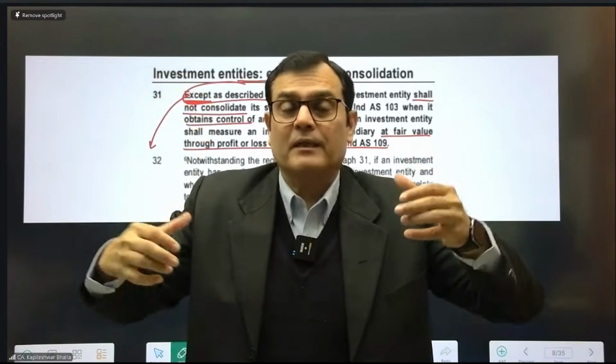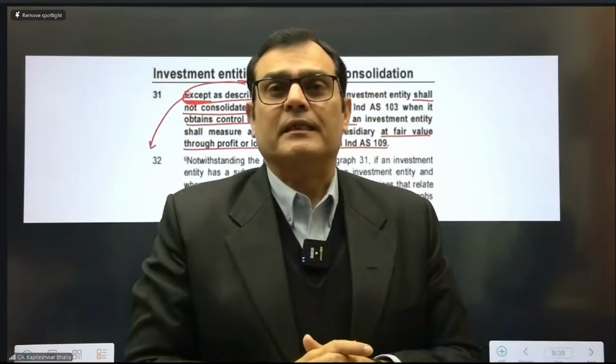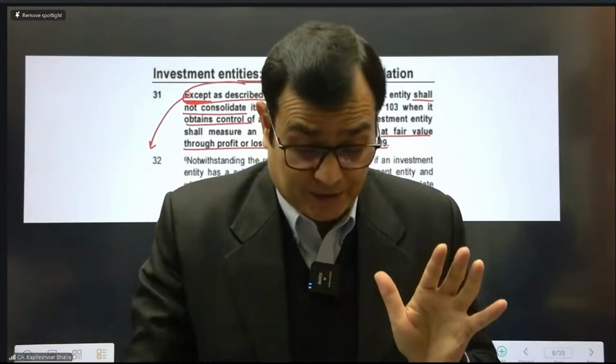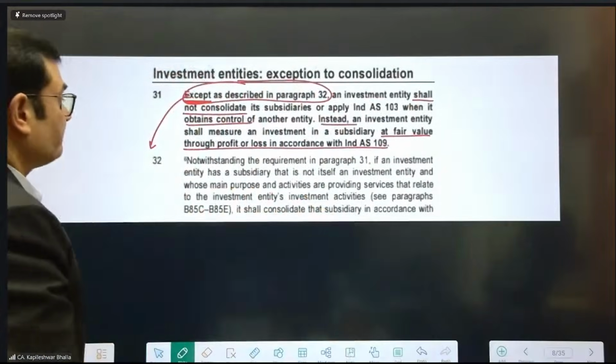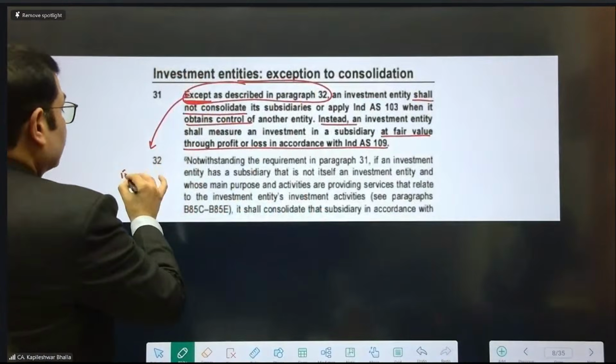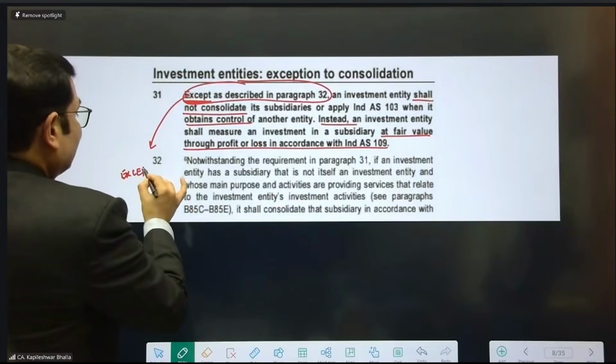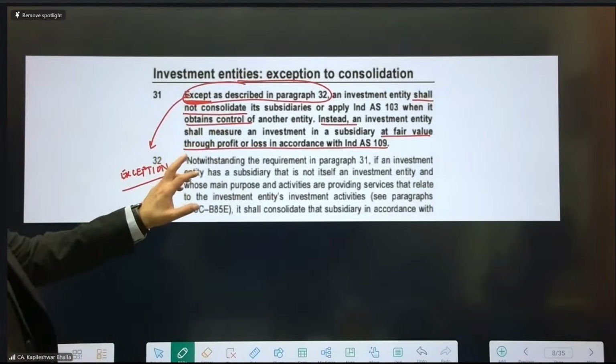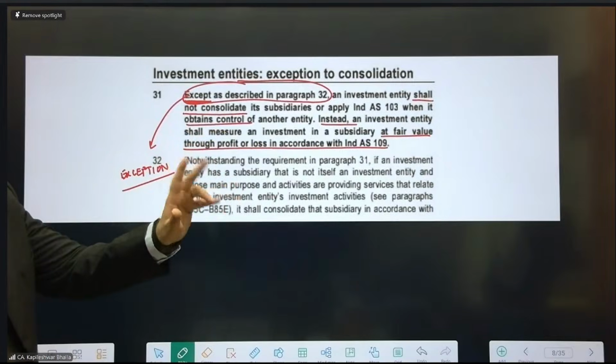But if you're a related party and you're not an investment entity, you are required to consolidate. Don't worry, we'll pen down the thoughts later. Let's go ahead. Now there is an exception given in para number 32, wherein it talks about maybe consolidating a subsidiary. Now let's read.